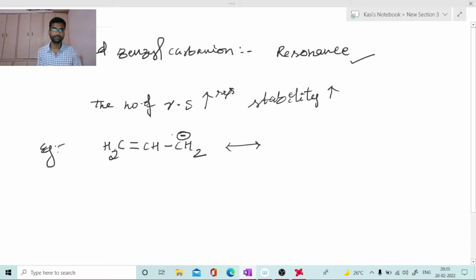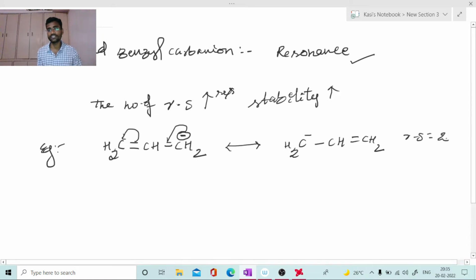How is it formed? The lone pair of electrons on the negative charge can shift to here, then this bond migrates to this carbon atom. Then we get CH2 minus single bond CH double bond CH2. So how many resonating structures are possible? Resonance structures equal 2. Now I am going to take benzyl carbocation.